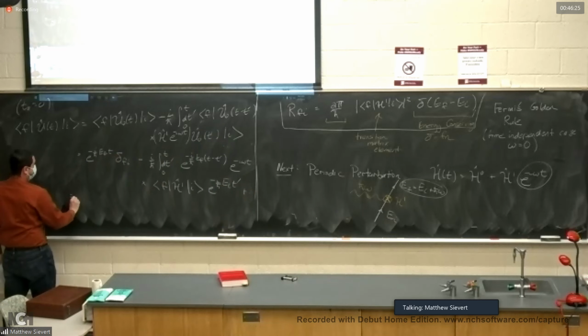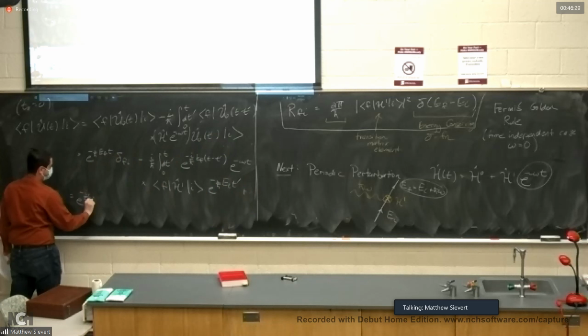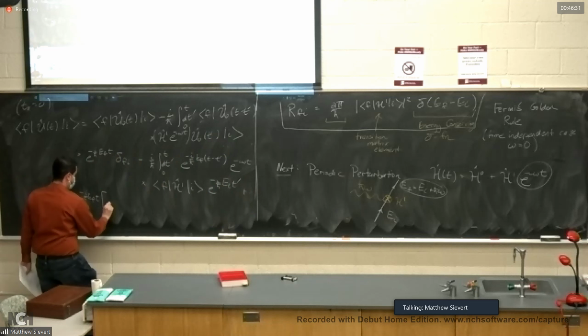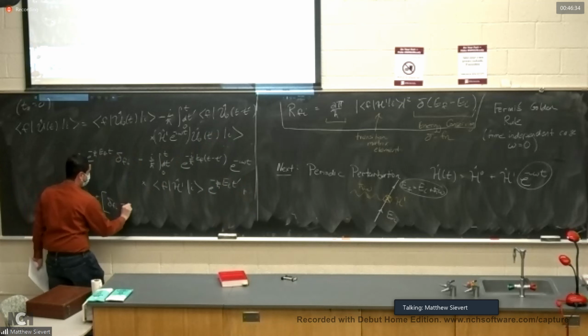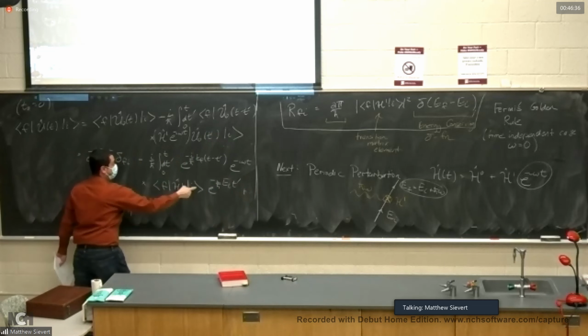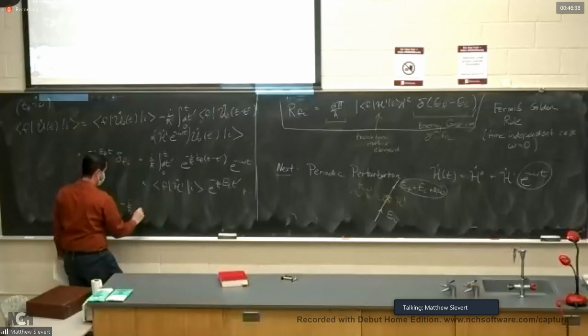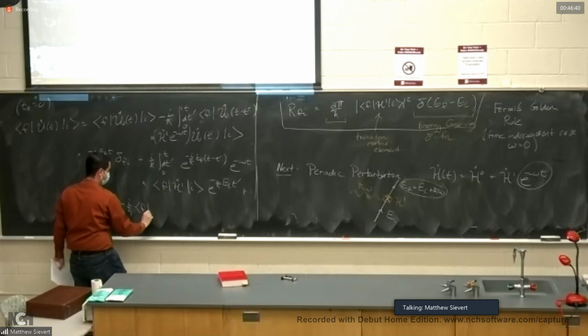So in the same way as before, I pull out the common phase factor for the endpoint, and I'm left with delta final initial minus i over h bar. Again, the matrix element which is doing the transitioning is time independent.